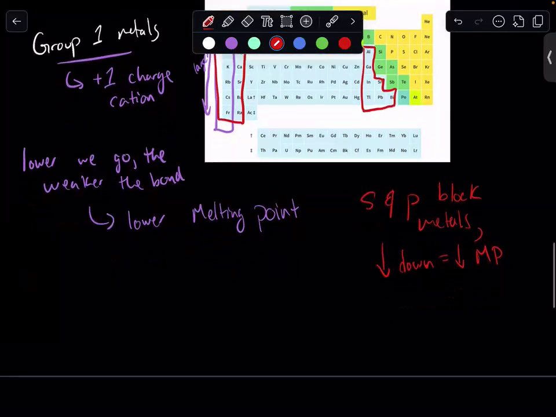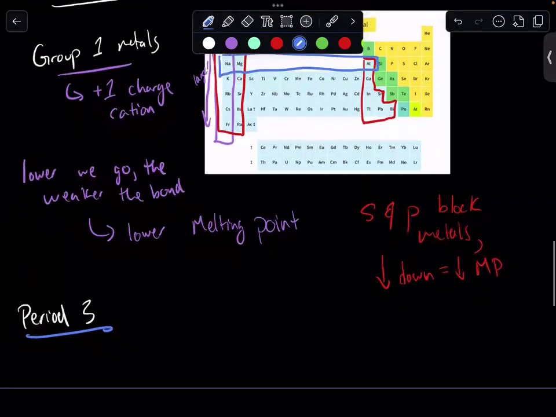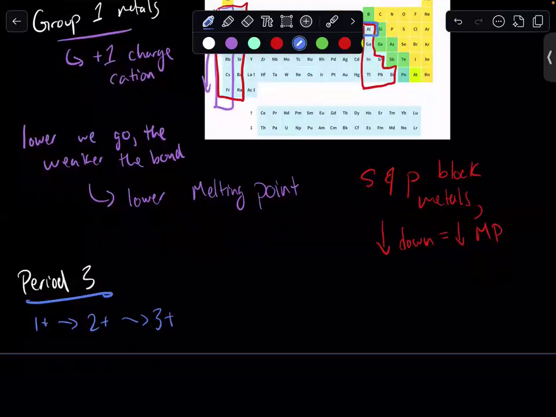We can also now take a look at period 3. In period 3, our charge goes from 1+ to 2+ to 3+. As that charge increases, our metallic bond strength increases.